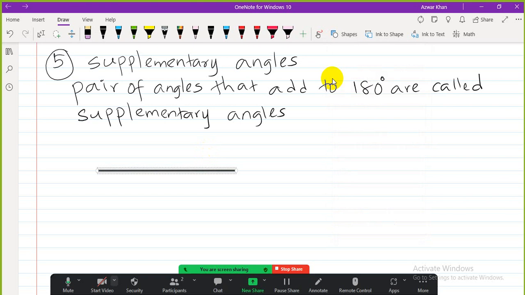So let's say I'm going to draw something like this. I'll say this is P, Q, R and S. We'll say this angle I am going to name 120 degrees.